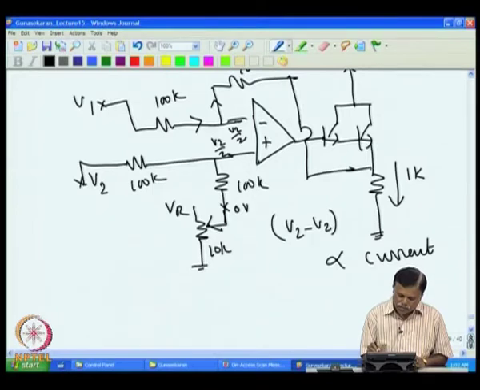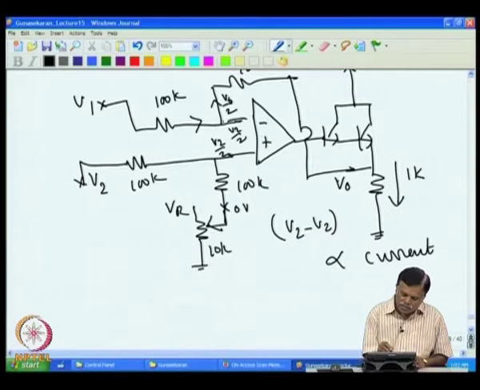So now the voltage at this point is applied divided by 2, because whatever voltage V0 is there, it is actually coming as half of that. So V0 by 2 will come. In case the current increases, V0 will increase, and that will increase this voltage, because half of V0 is appearing here.